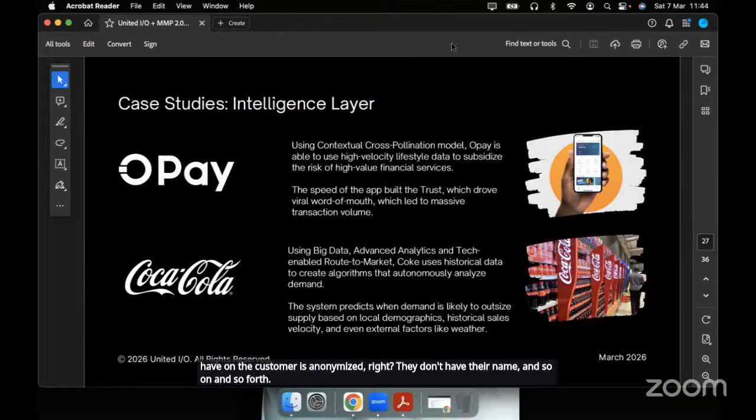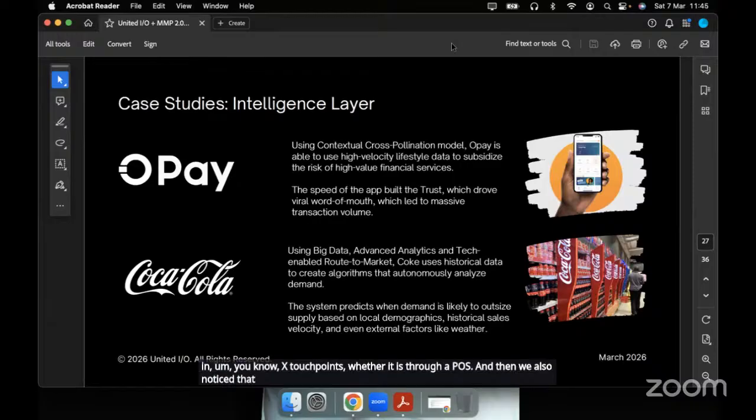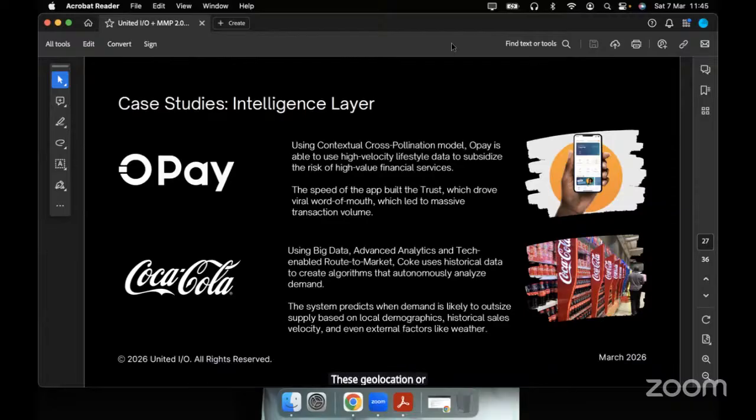They only know that this customer A23FCK did a transaction in X touch points, whether it is through a POS. And then we also noticed that this same ID did a transaction somewhere in Lokoja, especially if their merchants at those locations have this geolocation or geotagging functionality in place.